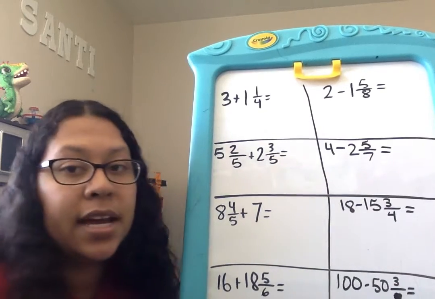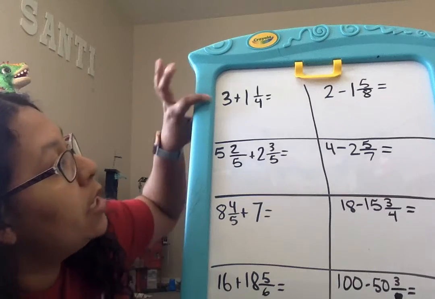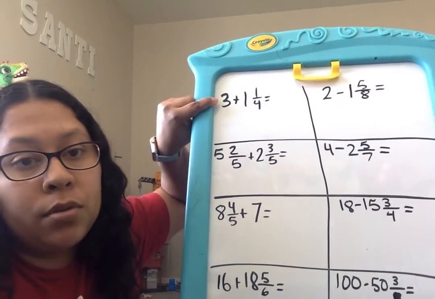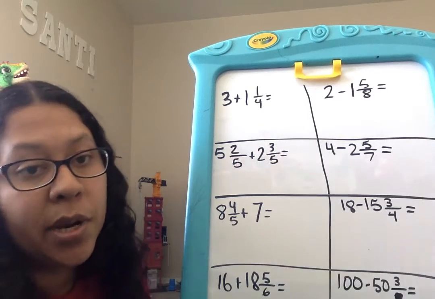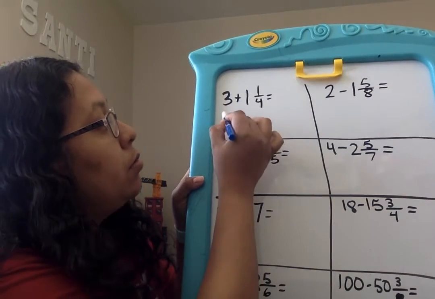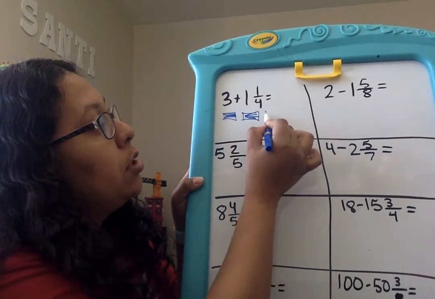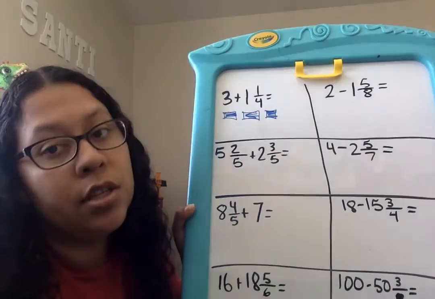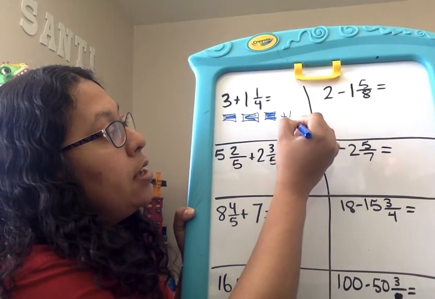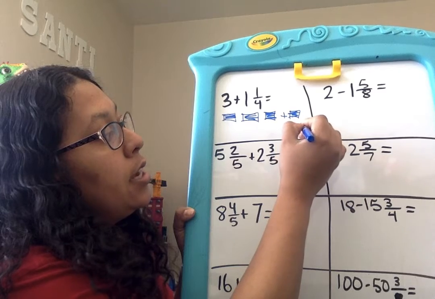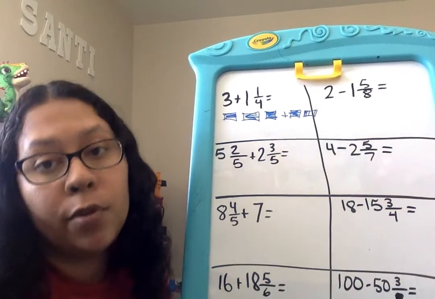So first we have number 1A. Number 1A says 3 wholes plus 1 whole and 1/4 more. So if we wanted to draw that out, we would show 1 whole, 2 wholes, 3 wholes. So we'd be starting with 3 wholes and then adding to that another 1 whole and then another just 1/4 more, okay?